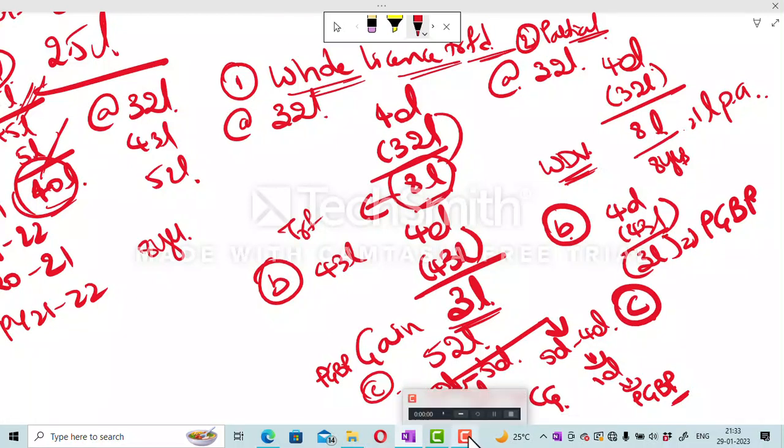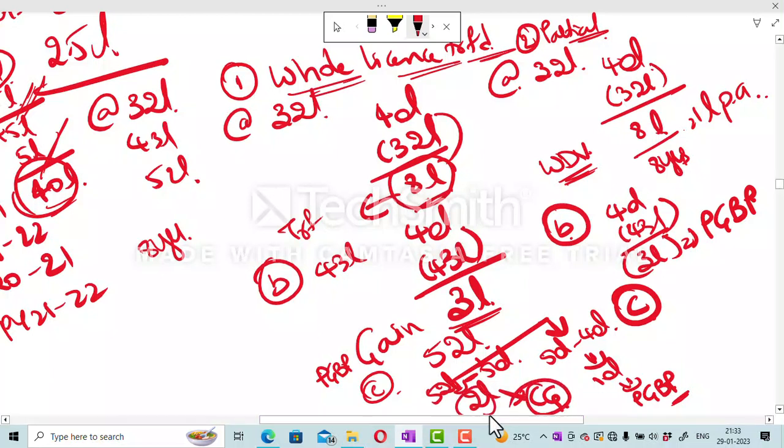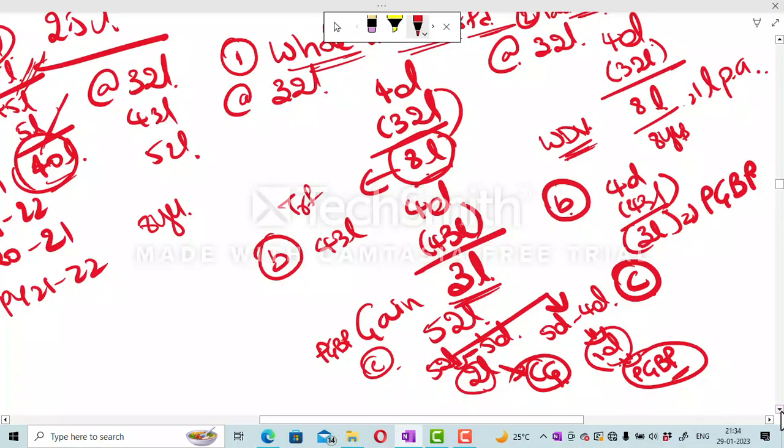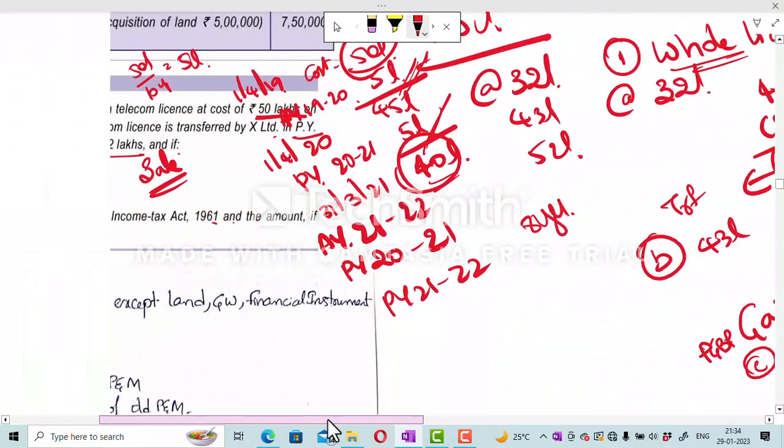We have sold for more than our WDV, meaning it is a gain for us. Even though the asset is there, we cannot charge. There is no WDV, first of all, to charge over the next 8 years. So we have to take the total income. Here, the same: capital gain of 2 lakhs, which is more than cost, and PGBP of 10 lakhs, which is more than WDV. Okay, that's the answer.